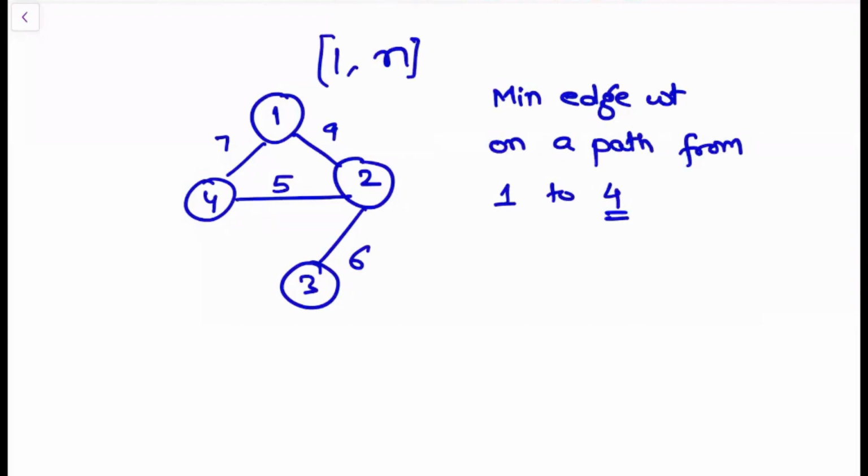So here, if you are going from 1 to 4, what is the minimum edge we encounter? Yeah, we encounter 5. But let's say if I make this as 2. Now from 1 to 5, if you are going, what is the minimum path, or minimum edge, you will encounter?